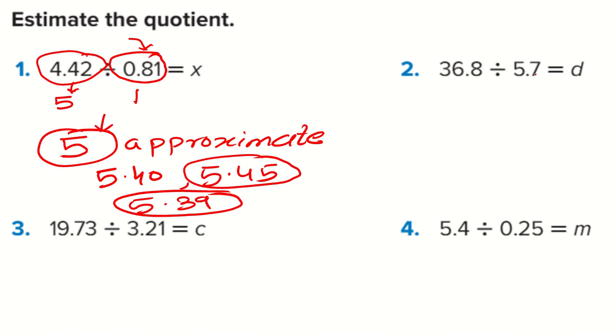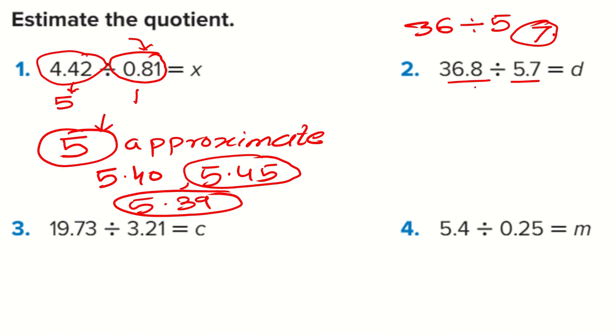36.8 divided by 5.7. Now in one number, the whole number is 36, and in the other number, the whole number is 5. So when you divide, what will you get? Let's talk about the whole numbers first. If you divide 36 by 5, what quotient do you get? You get 7 point something, meaning it will be almost 7.